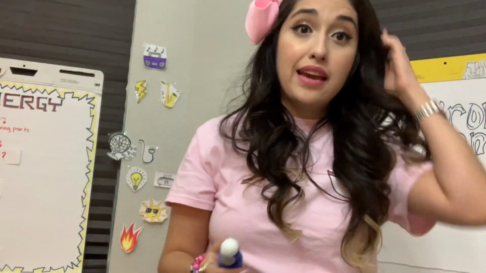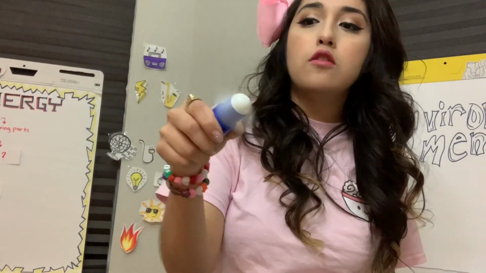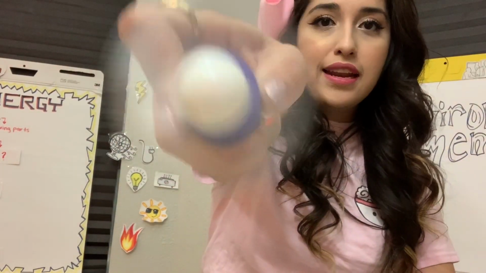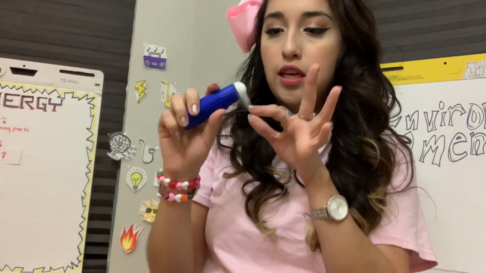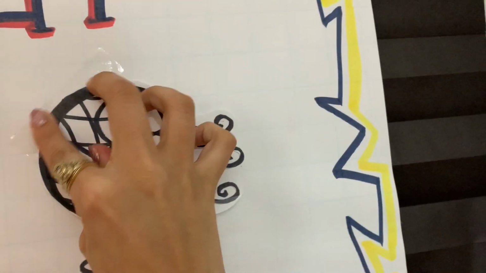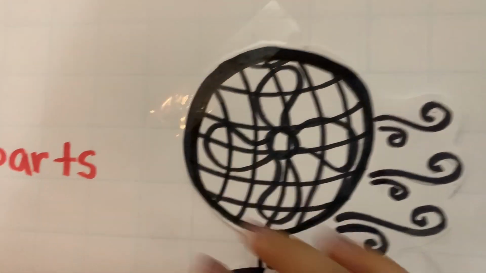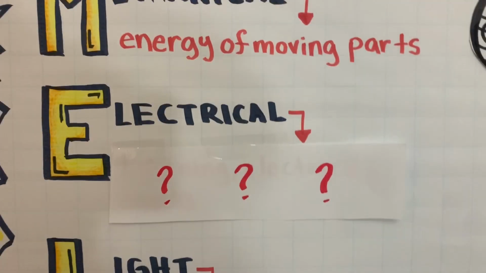As we said, mechanical energy requires movement. So let's turn on this little fan. Whoa, check it out. It is moving. So we are going to add that to our anchor chart. Here goes the little fan. We're gonna place it right here. Okay, perfect. So now we are going to move on to the next type of energy.